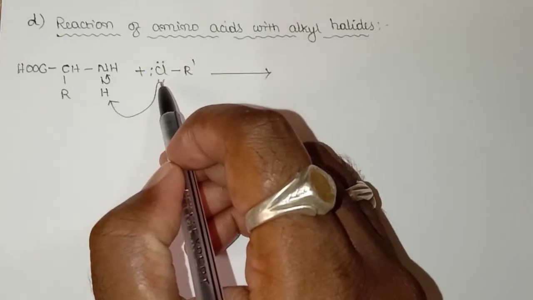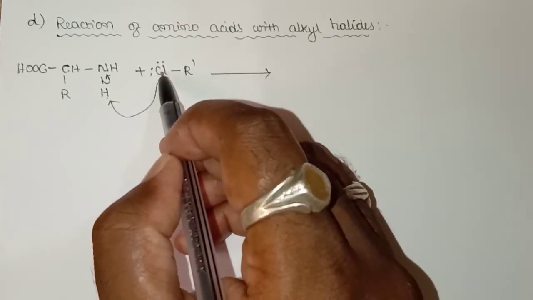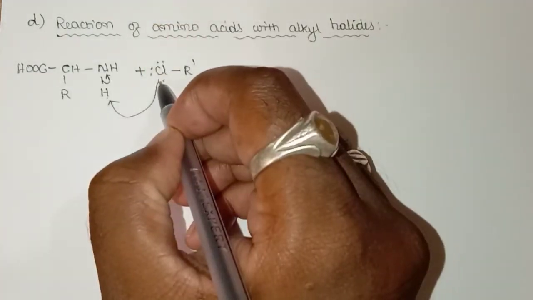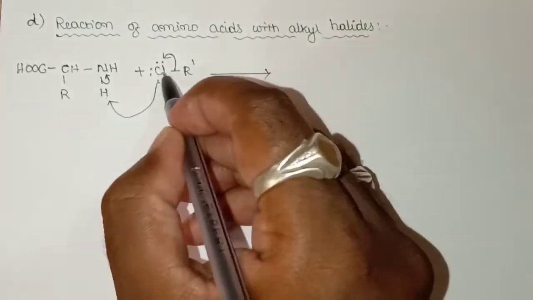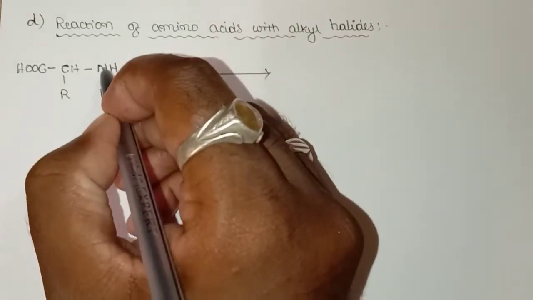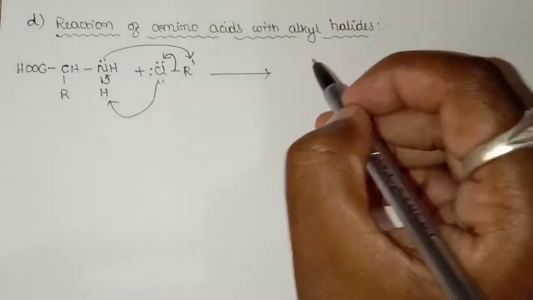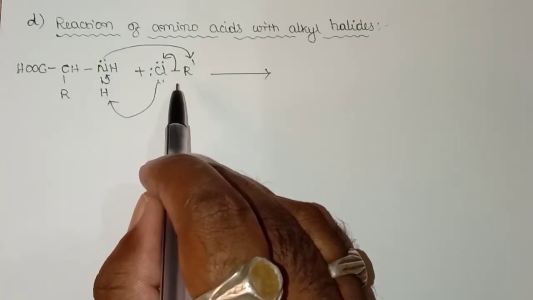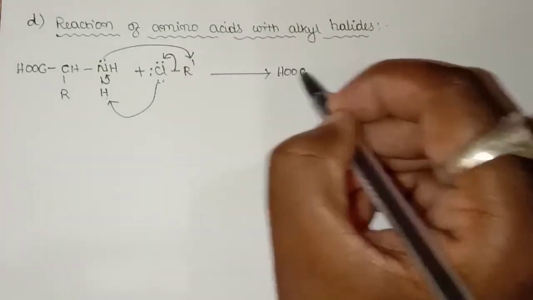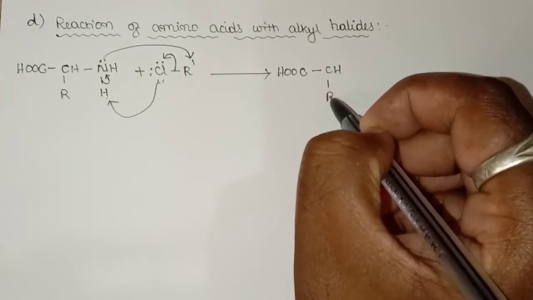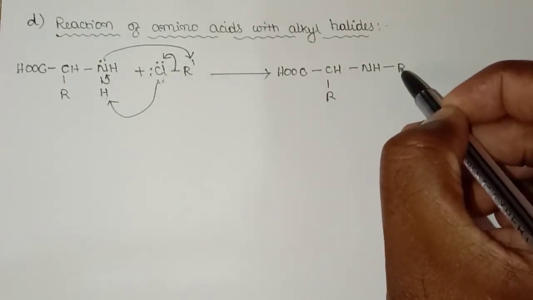And if you observe, when these lone pairs come to the H, there occurs a bond between H and Cl, but chlorine can have only one bond, and here one lone pair is lost. In order to recreate that lone pair, the bond pairs will shift on to the chlorine. So the bond between R and Cl got broken, so that the lone pair of electrons which is present on the nitrogen will be donated to this alkyl group, so that the amino acid will get alkylated when it is reacted with alkyl halide, and that results in the formation of a product whose structural formula will be written like this: R NH2 will turn to NH, and that will be in attachment with R dash.